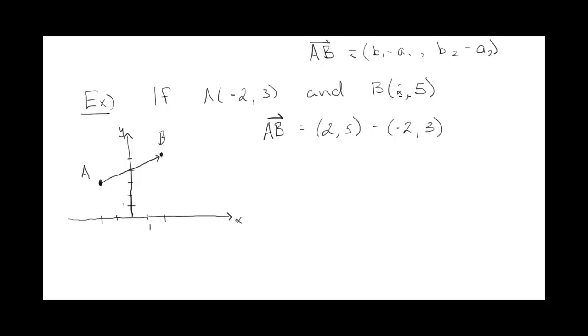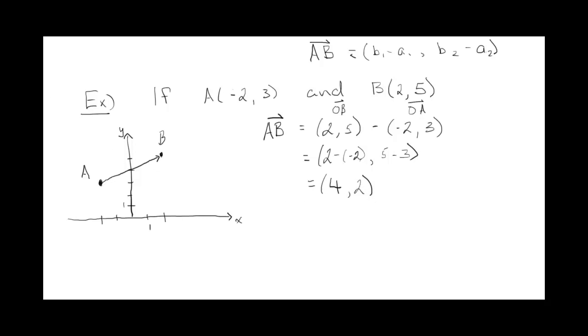It's not the point 2, 5, it's the vector minus the vector, because you can't subtract points, so we're subtracting vectors here. All right, so this is OB minus OA. So that's going to be equal to, I have to subtract x components, so 2 minus negative 2, and then 5 minus 3. So that's the vector 4, 2.